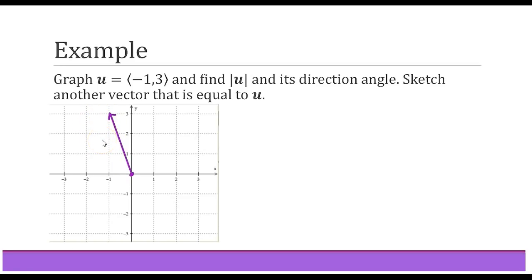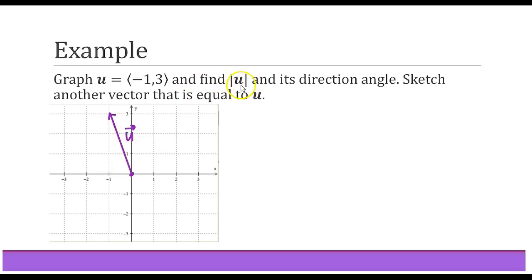So this right here is my vector u. I'm going to draw it with a u with a little arrow above it, because we don't write in boldface. The way that we indicate this is a vector is with a little arrow above it. So this is vector u, and I'm interested in finding its length.